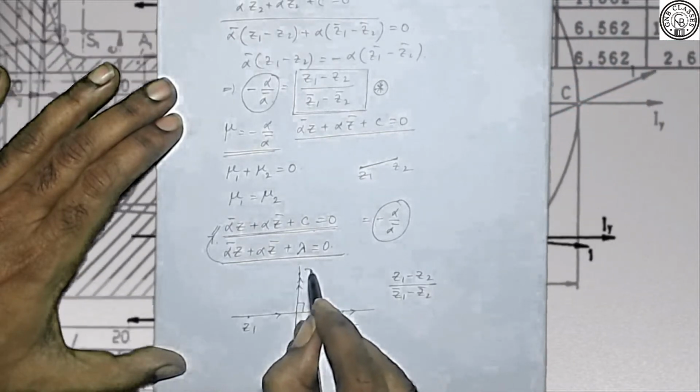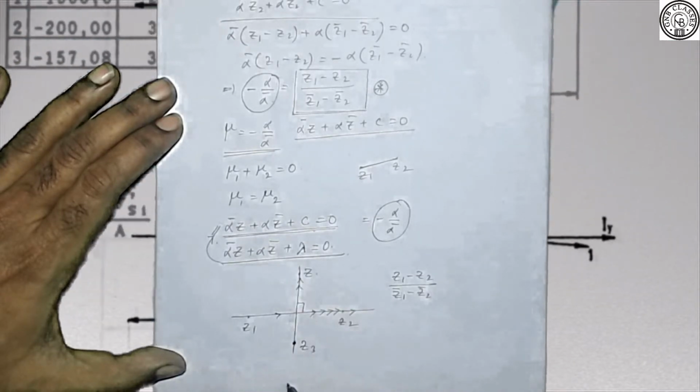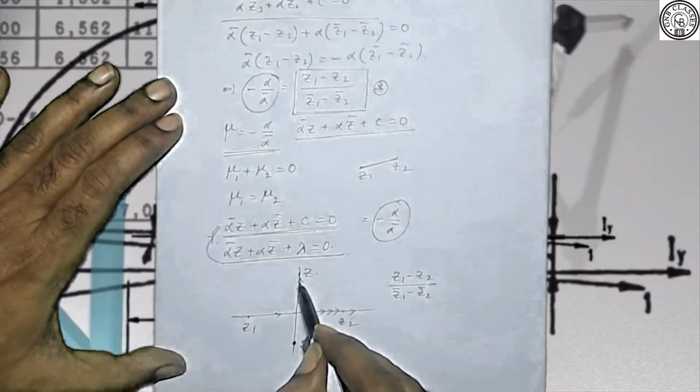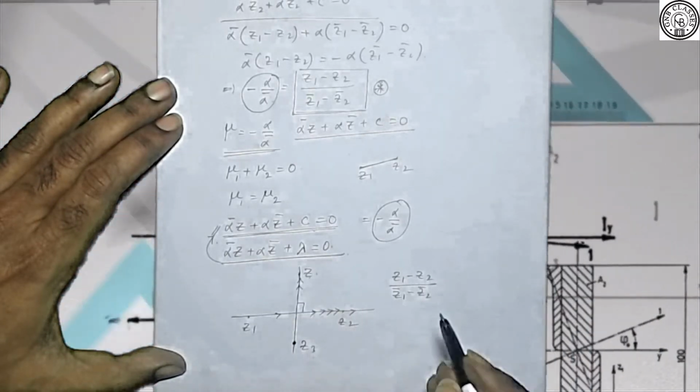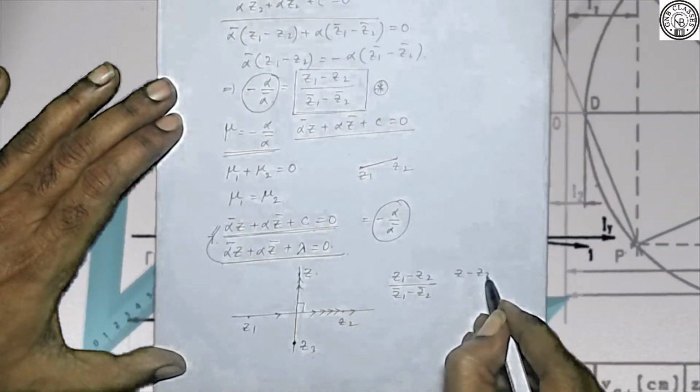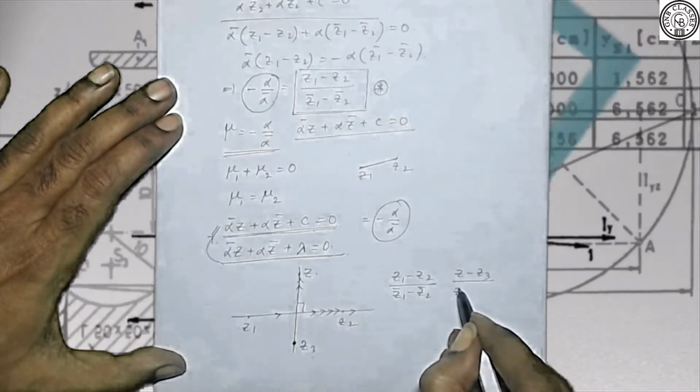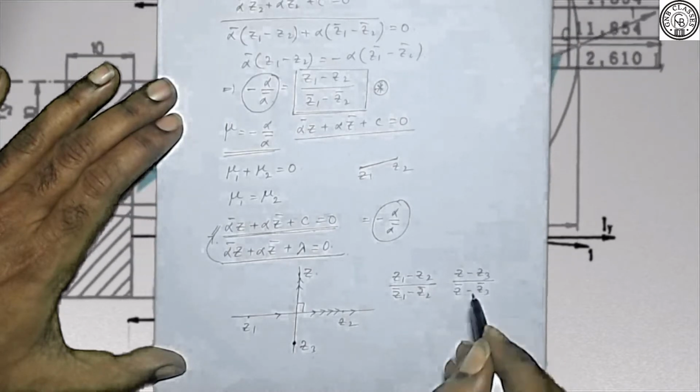Now, let us say z is any point on this line. Therefore, what is the slope of the line joining the points z and z3? It will be nothing but (z minus z3) divided by (z bar minus z3 bar).